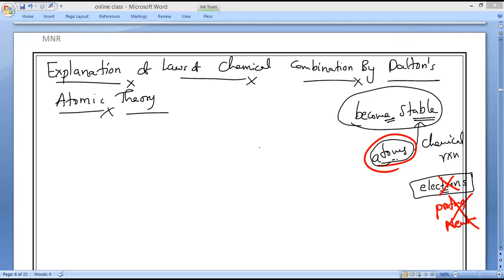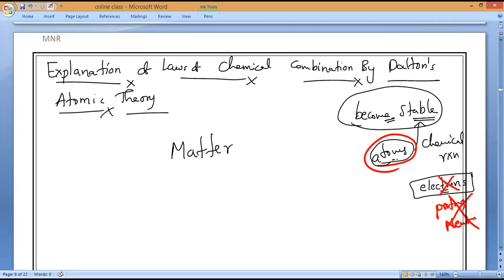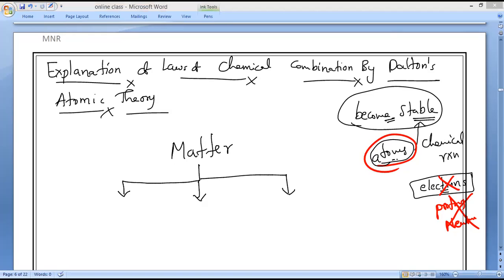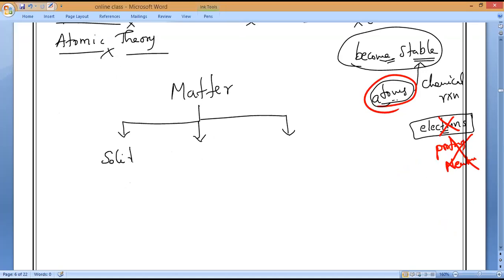Now, according to John Dalton, matter will be in 3 states. Can anybody tell me what the 3 states are? All of you, you all know that. Matter will be in 3 forms. That is solid, liquid, and gas. So, according to John Dalton's atomic theory, every matter, whether it is solid, liquid, or gas, doesn't matter.